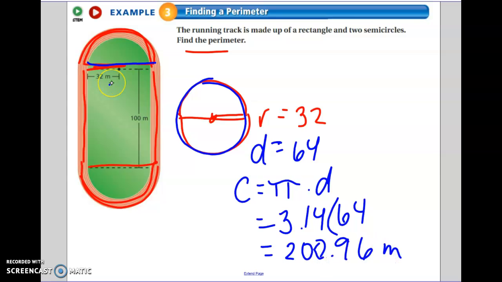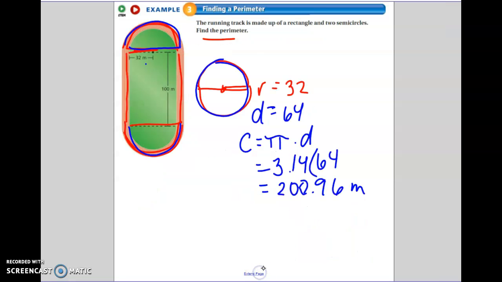So I'm looking at this unit here. And so remember, that is this distance and this distance. So that's part of our outside perimeter. So I'm going to now hold this number just for a minute. So that's the circumference. I'm going to hold that guy.